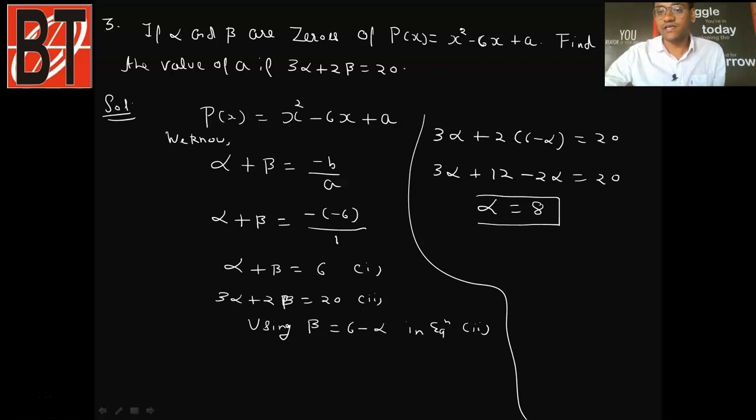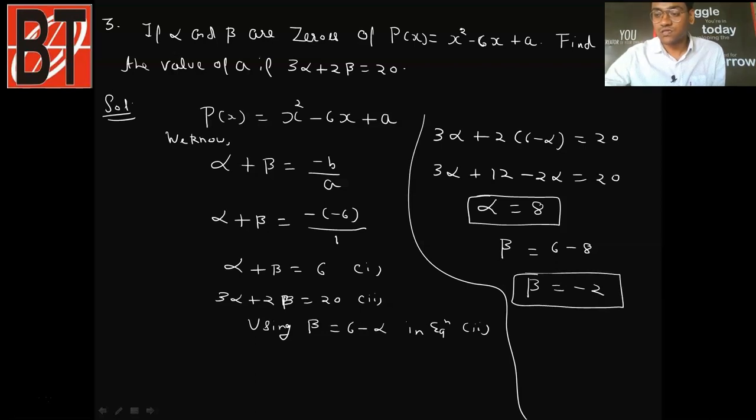Directly I wrote the value of alpha. Now students, I have alpha, so let me write beta also. Because beta is 6 minus alpha, beta is 6 minus 8, so the beta value is minus 2.